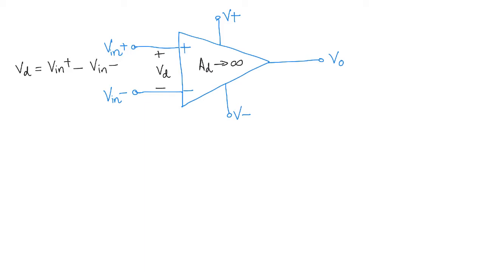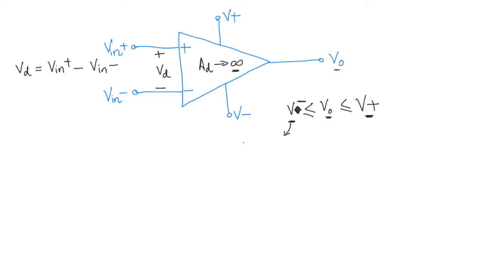And even though AD is infinite, V output is always bound. The lower limit is V minus and the upper limit is V plus. So V output cannot go beyond this, and when V output reaches the lowest value possible, which is V minus, or the highest value, we say it has reached saturation.